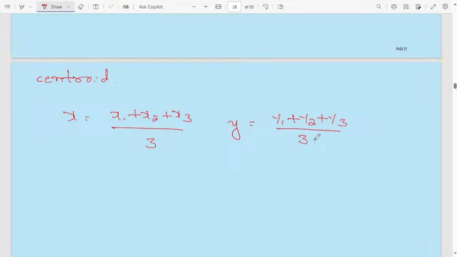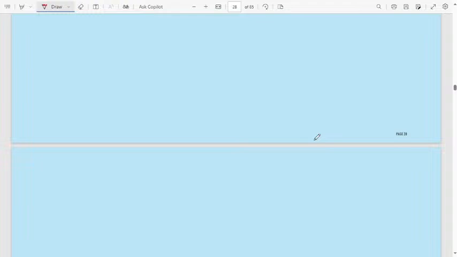Then coming to the quadratic equation, quadratic polynomial.